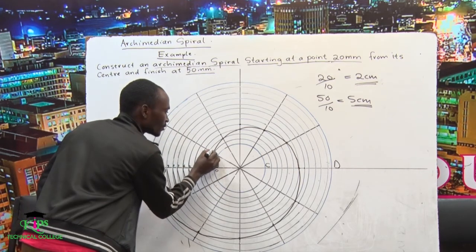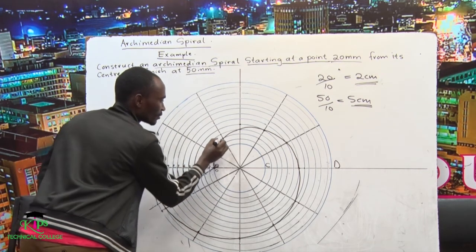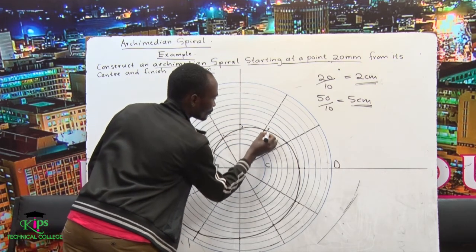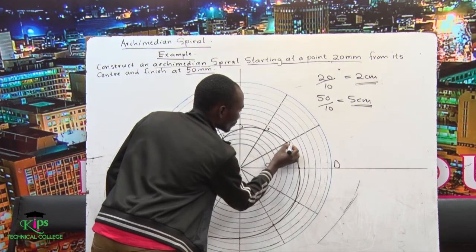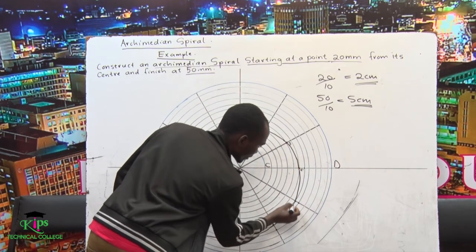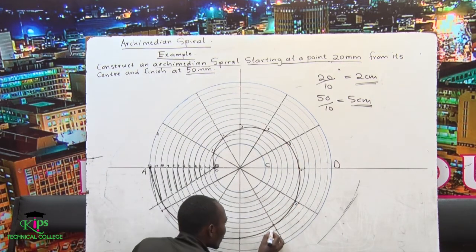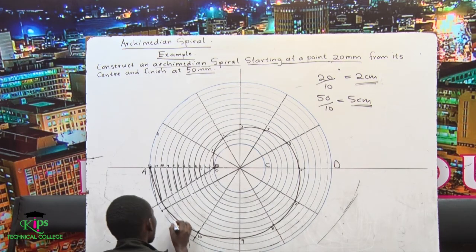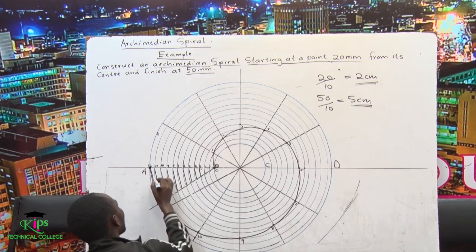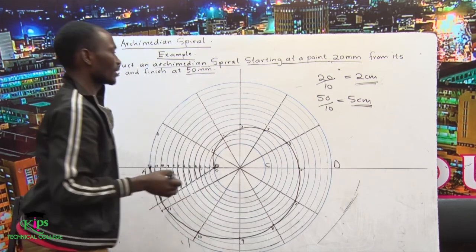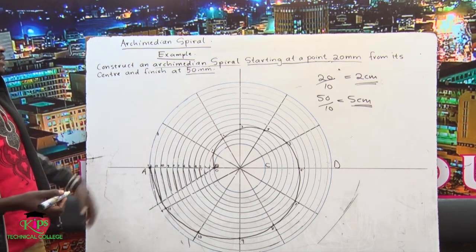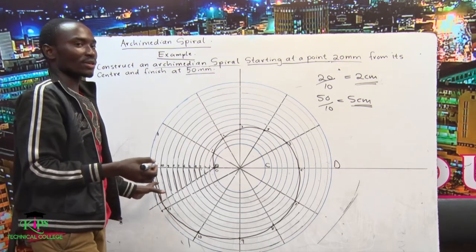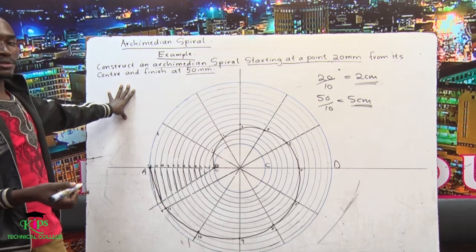It has gone to 1, 2, 3, 4, 5, 6, 7, 8, 9, 10, 11, then finally at 12. So this is the procedure of drawing an Archimedean spiral. So students get to follow this procedure.